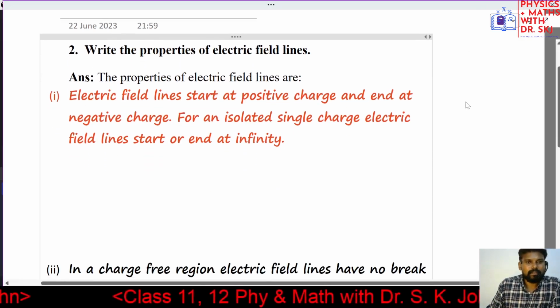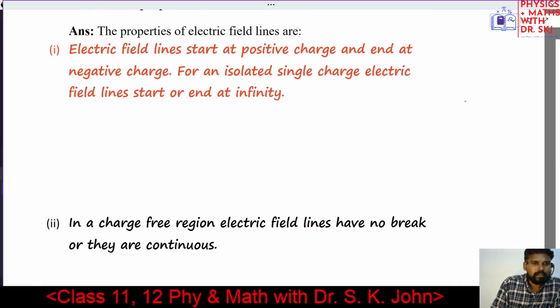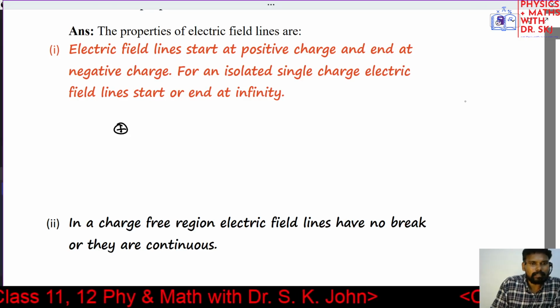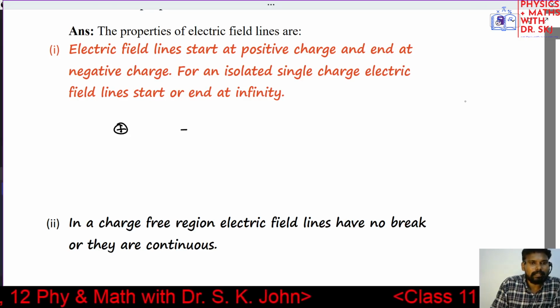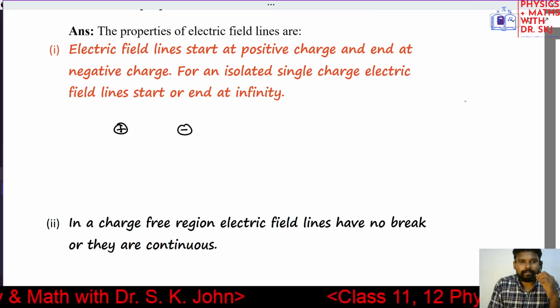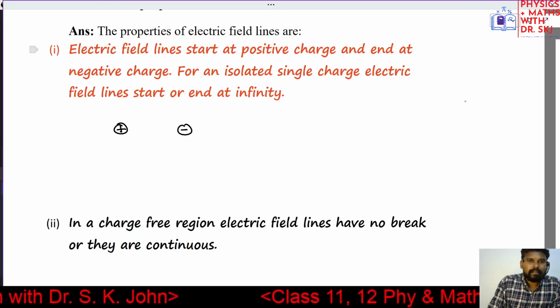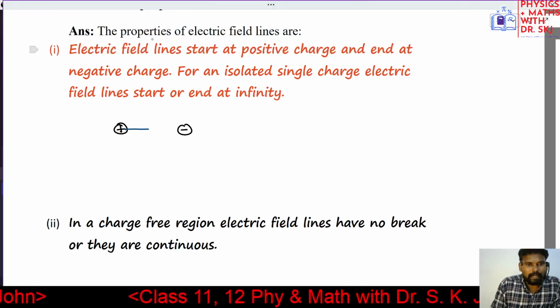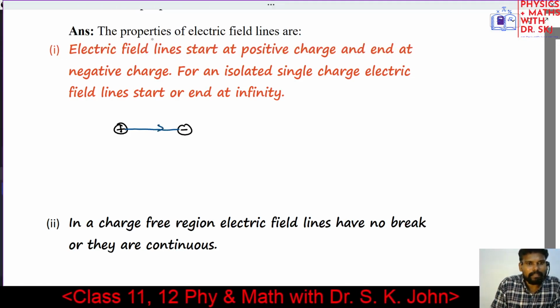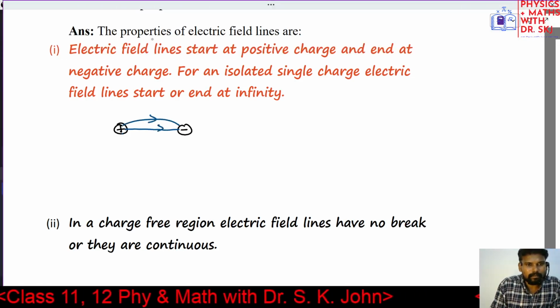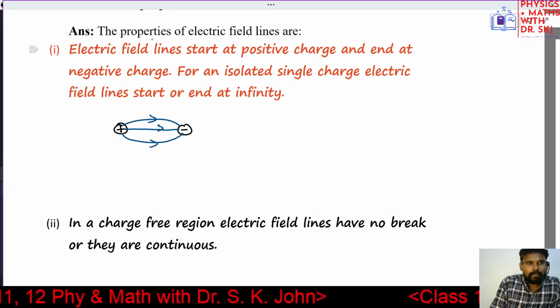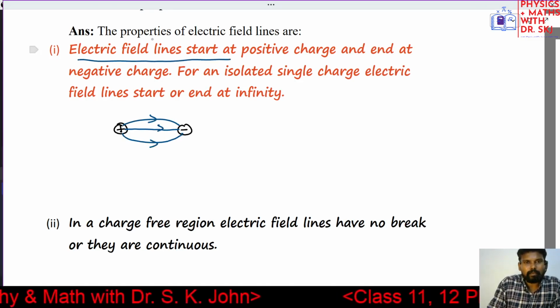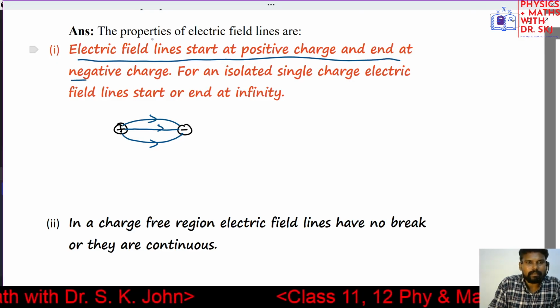First one, as we have seen, suppose there are two charges, one positive and the other negative. How can we draw the electric field lines? The field will start at the positive charge and end at the negative charge, like this. The electric field lines start at a positive charge and end at a negative charge.